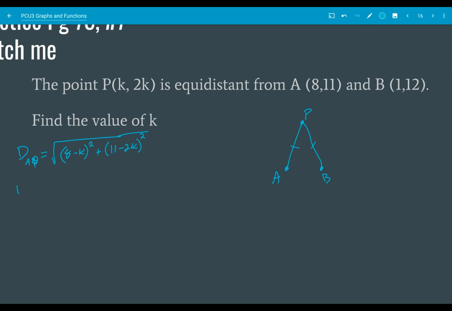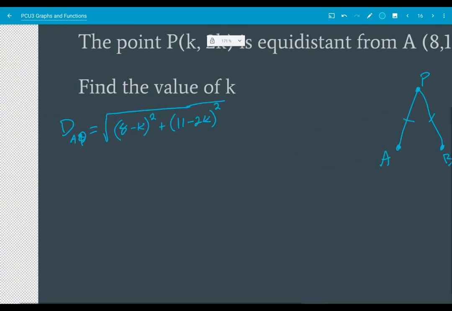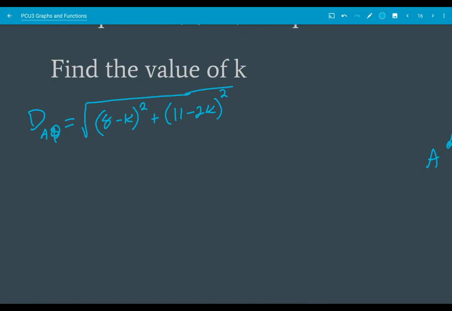And then, so this gets us k squared minus 16k plus 64 plus 4k squared minus 44k plus 121.